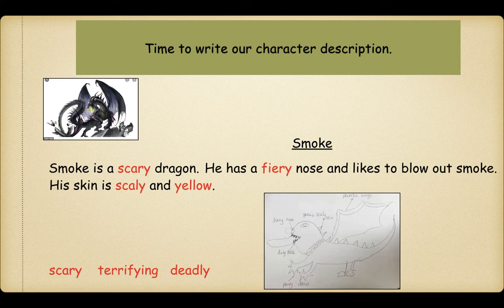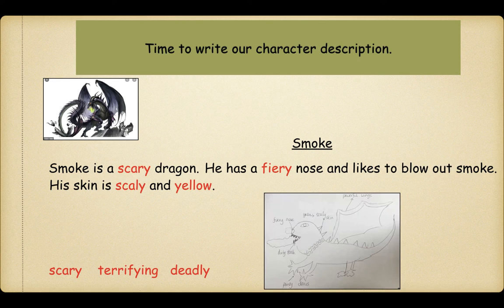See if you can make up your own sentences using the picture that you drew yesterday. If you don't have a picture, look at the one I've got on this slide. You can look at parts of the body that I described and use the information from my picture.